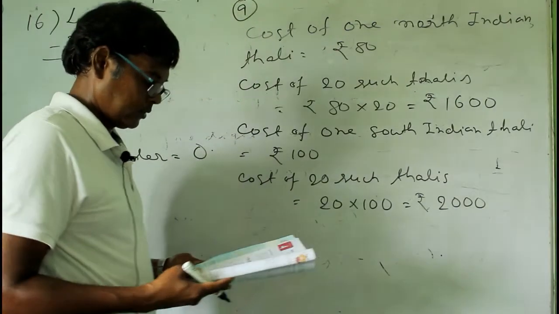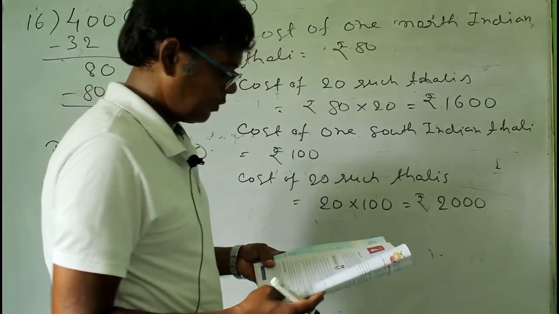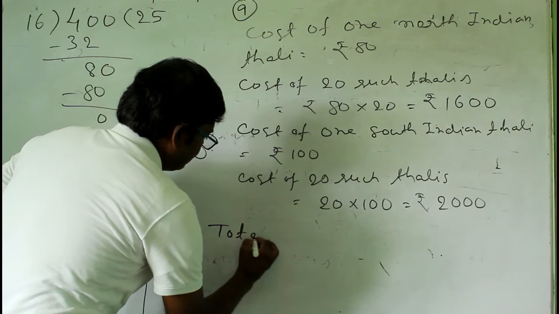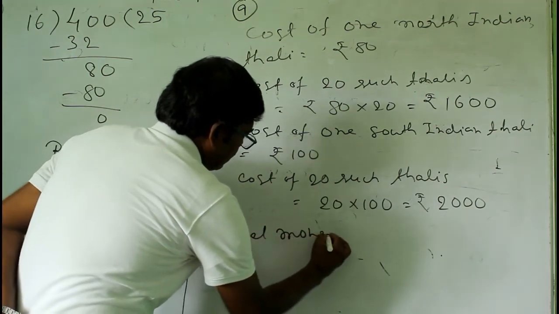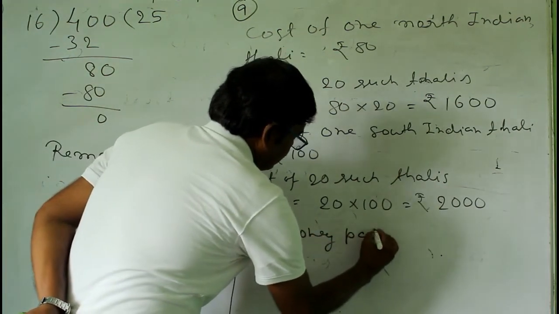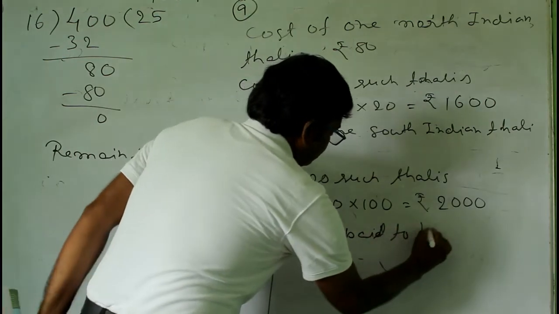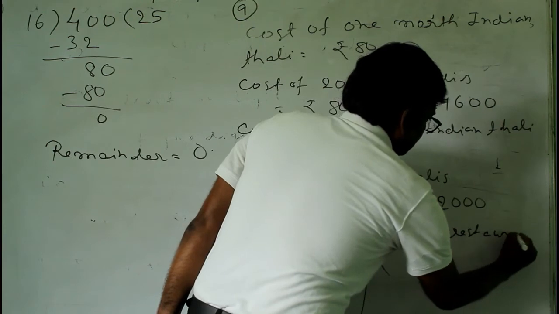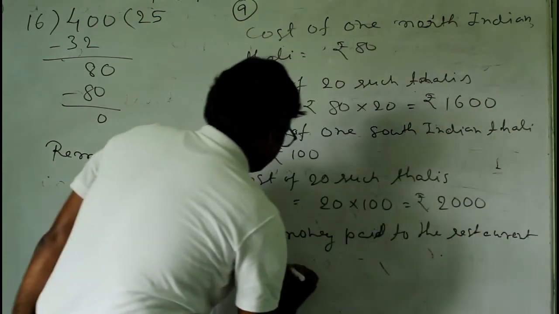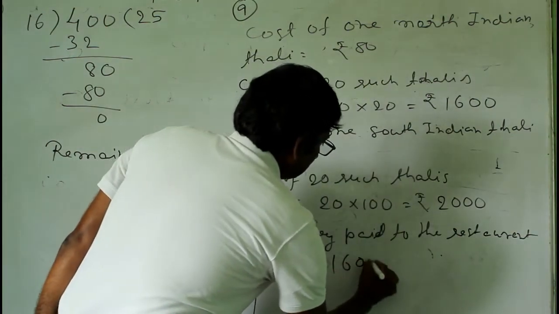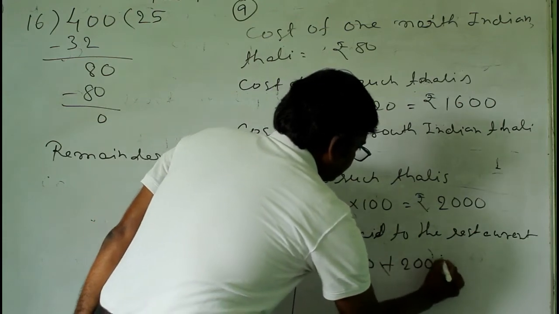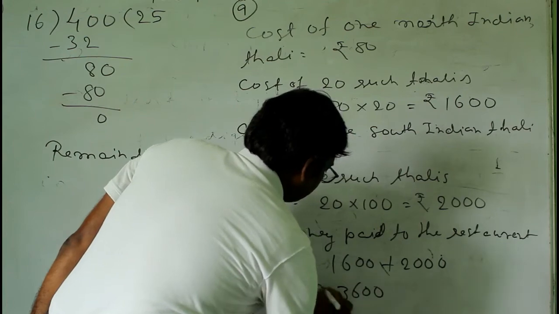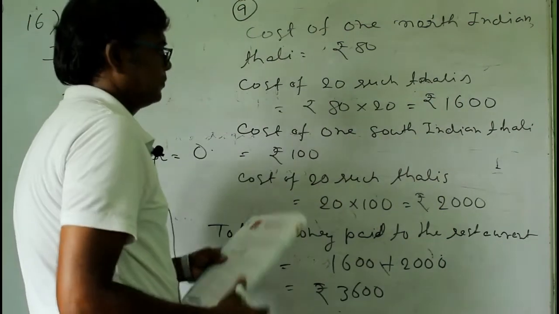So how much money will be paid? So total money paid equal to 1600 plus 2000 rupees, that is 3600 rupees.